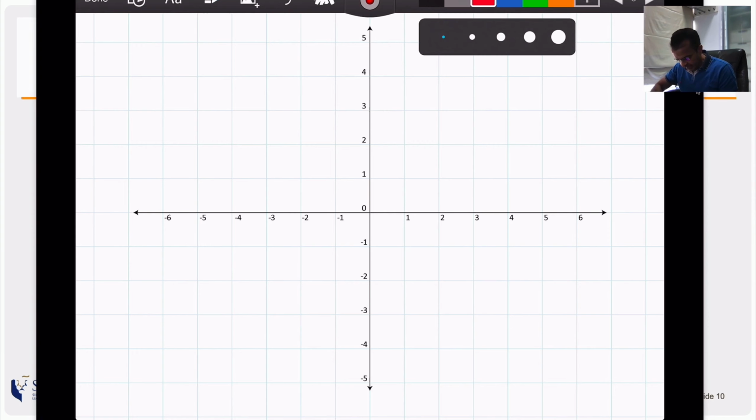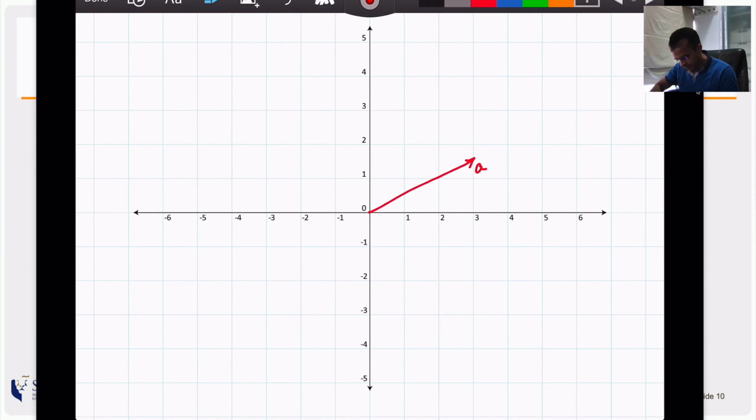Suppose I have a red vector A, and that defines a subspace along that line. I have a blue vector B. When I project onto A, I get some vector here, and my claim is that that is the vector in that subspace that is closest to B. So this is my B, and this B hat is the one that is closest to B. How do I define closeness?